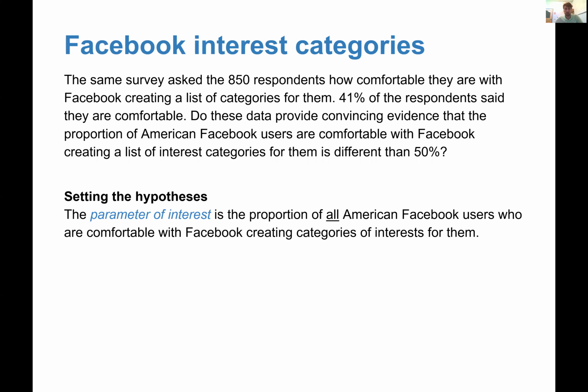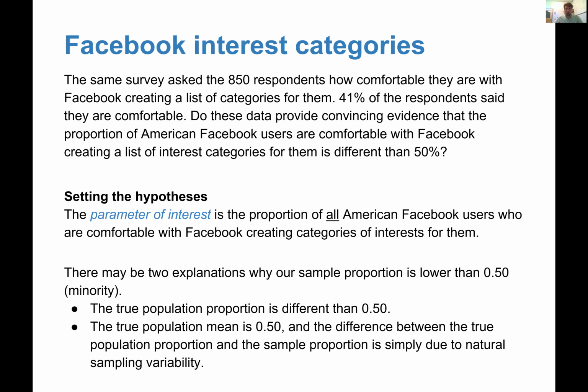So remember from number 1, set the hypothesis. Parameter of interest is a proportion of all American Facebook users, not just our sample. Okay, so there may be two explanations why our sample is lower than 50. The true population proportion could be different from 0.5, or the true population proportion is 0.5, and the difference is just random variability.